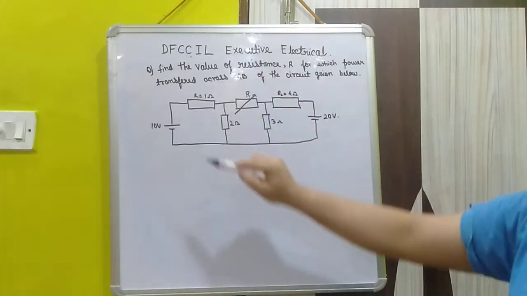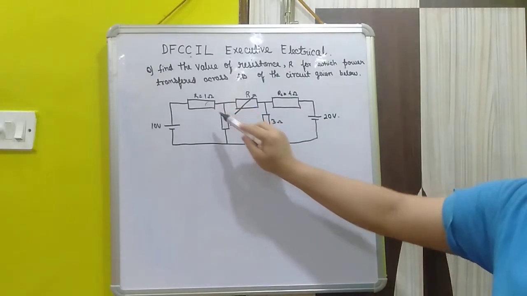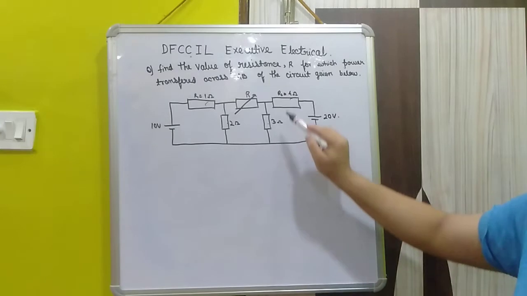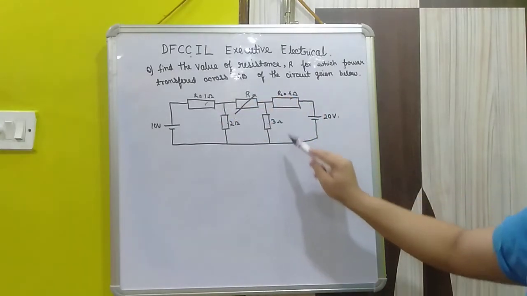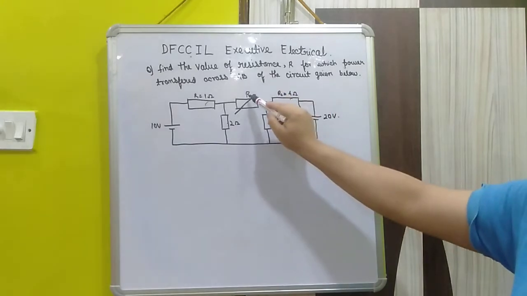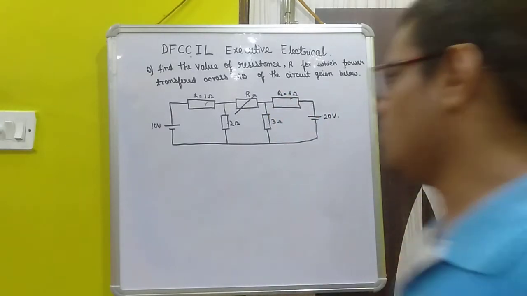For calculating this, we consider these two resistances in parallel and these two resistances in parallel, and ultimately we will make these two equivalent resistances into series, and finally calculate this value. Check how I'm calculating.